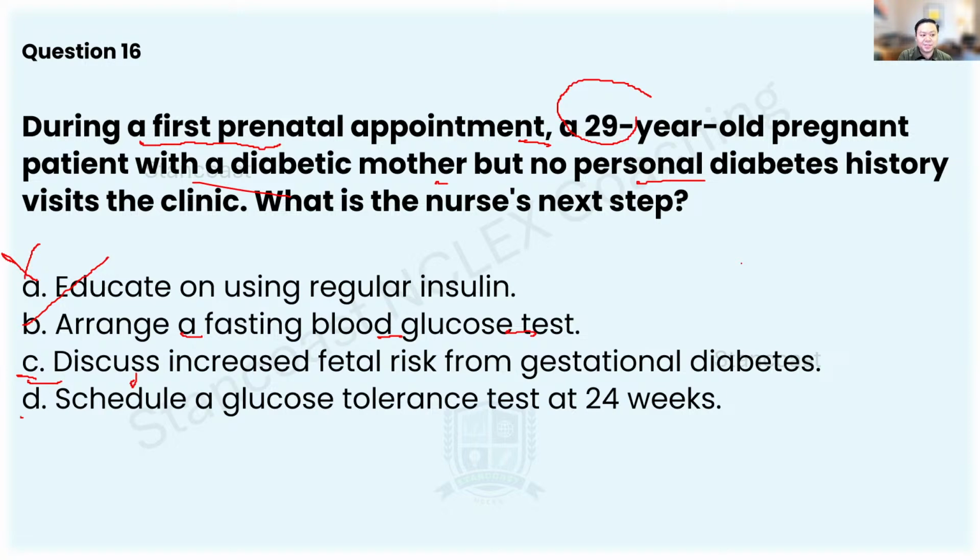If you answered letter D, schedule a glucose tolerance test at 24 weeks. 24 weeks. Your patient is actually there for their first prenatal visit.